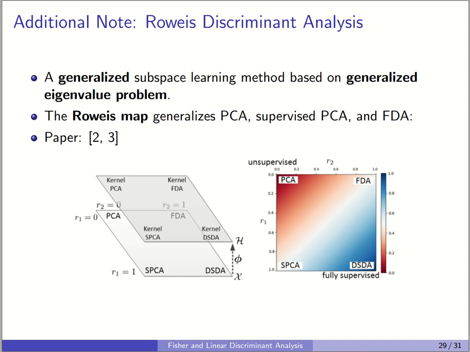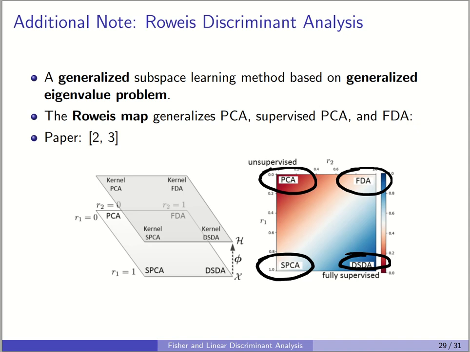It says that we have a Roweis map, whose corners are special cases already existing in the literature. Here we have PCA, here we have FDA, here we have supervised PCA, which we didn't explain, and here is double supervised discriminant analysis, which was not proposed before and is novel.